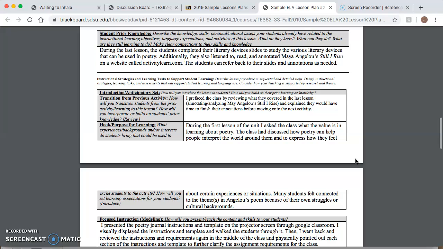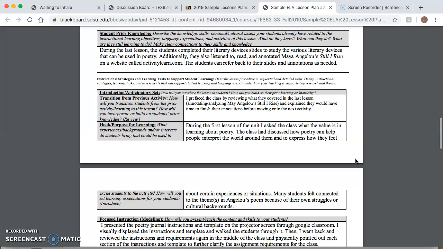And so in this sample, we see how they bring up the last lesson and what the students learned there, and how they're able to complete literary devices slides to study the various literary devices that can be used in poetry. So it's clear that the students do have an understanding of what literary devices are, and so now it's just the teacher's task of getting them to understand more.